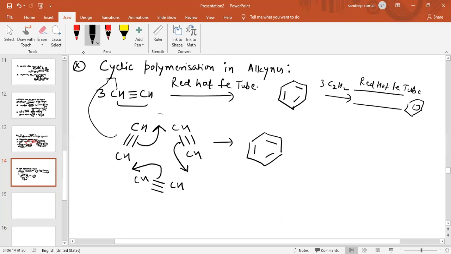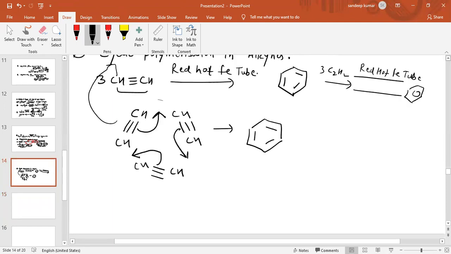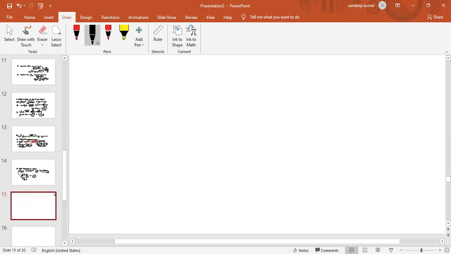In the same way, if the question is like this, you can see, if 3 moles of propyne is given, CH3 C triple bond CH, and it is passed through a red hot iron tube, what happens?